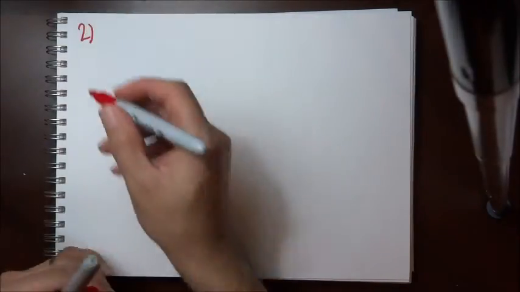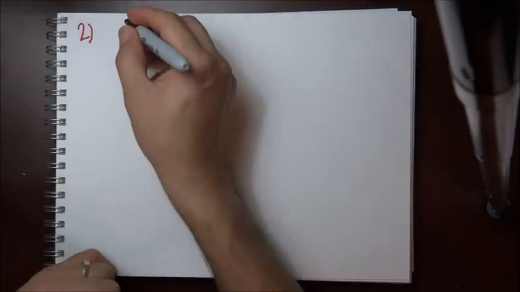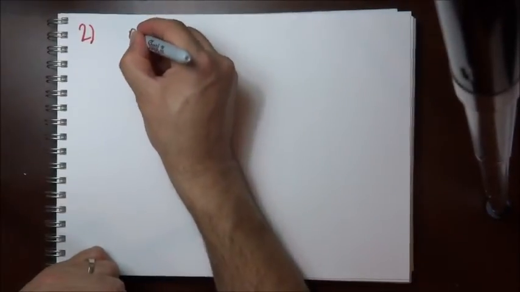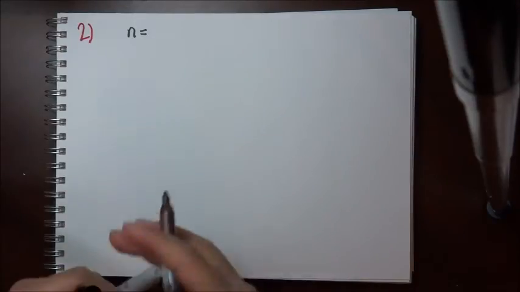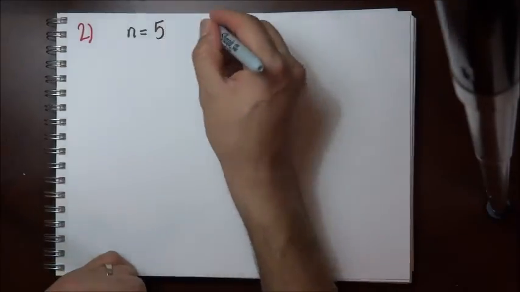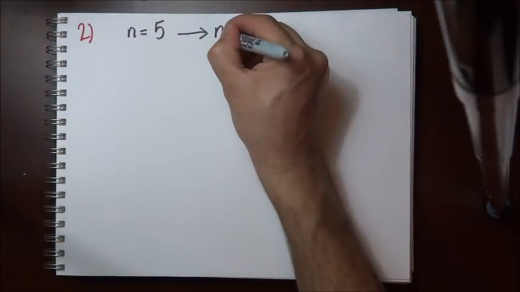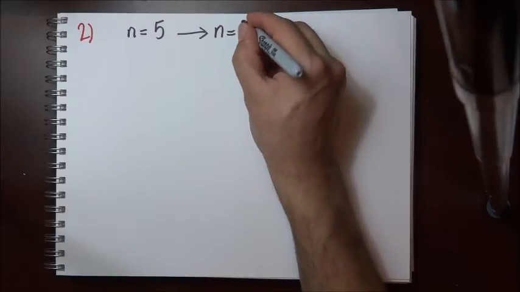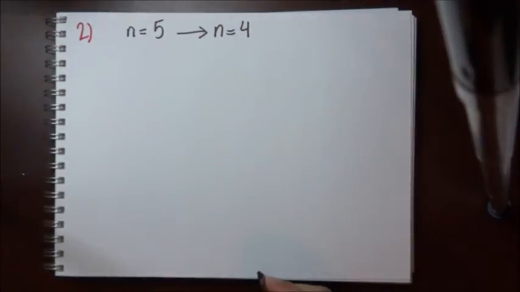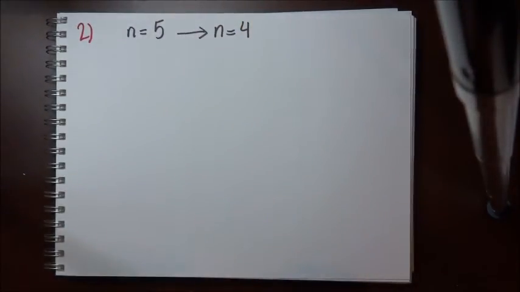So, second case, we are dealing with electron transfer when the electron is sitting in a higher level, like n equal 5, and we are letting the electron go to a lower level, like n equal 4. I should say one thing.